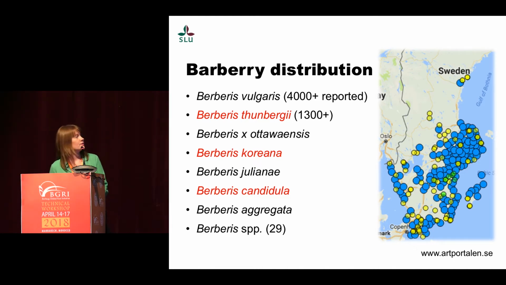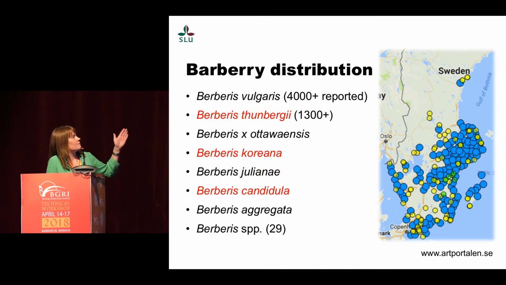The map here is a screenshot from the Swedish website used by people interested in flora and fauna. They go into this webpage and note down the GPS coordinates, sometimes a picture, where they have found a species. And this is the record of the barberry species.